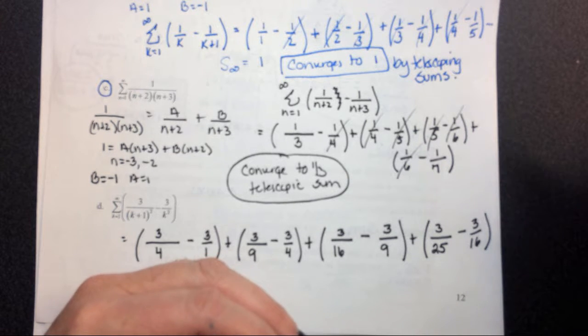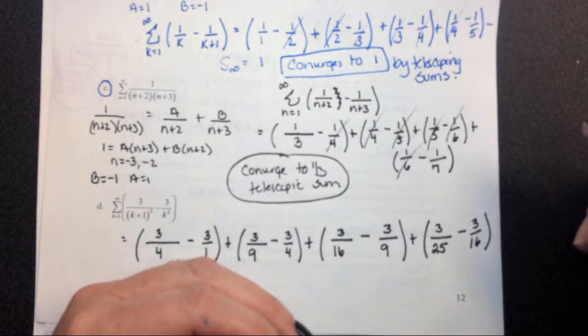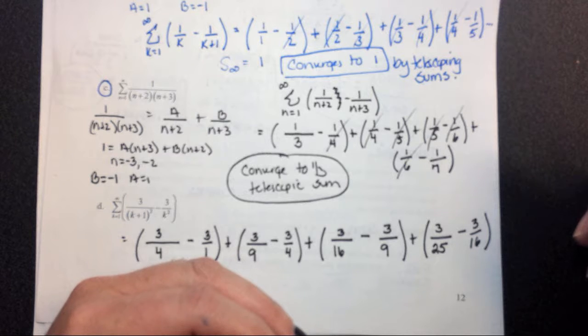This is where, guys, you don't always assume when you're dealing with telescopic that it's always going to be the first term. That's why you want to write out at least about 4 terms to clearly see what the pattern is.